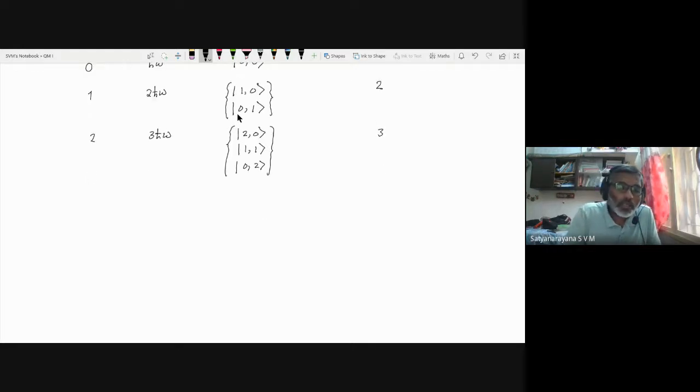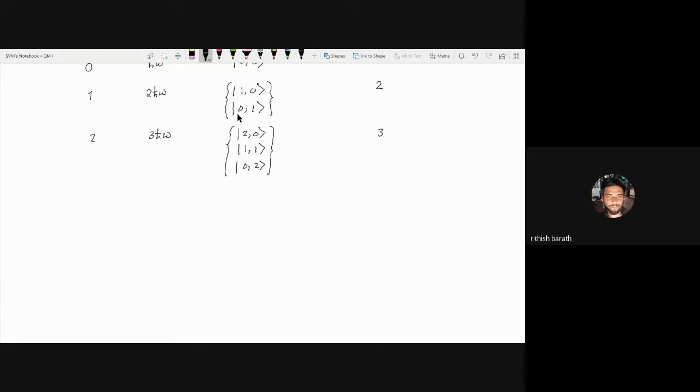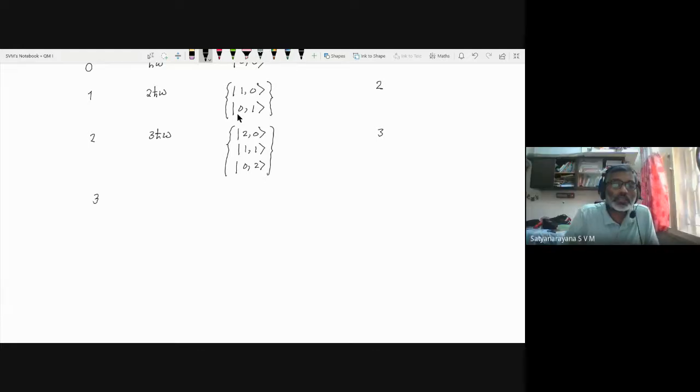Now let us write down one more, and generalize that. So if I take n equal to 3, then you have 4ħω, that is the energy. And now you can see in how many ways you can get this 4ħω, because n1 plus n2 has to become 3.